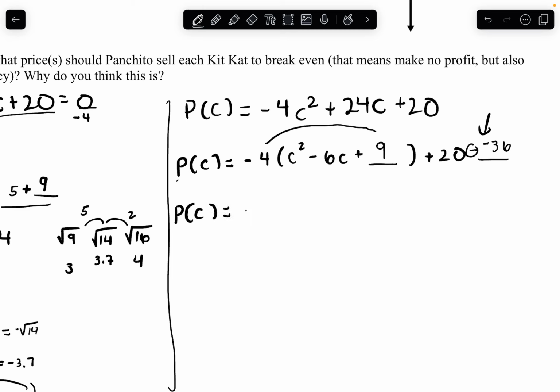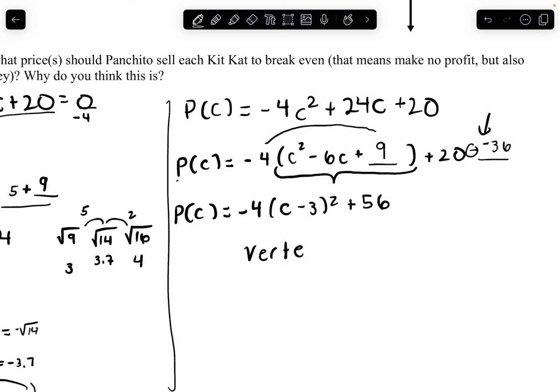P of C is equal to -4. Again, this is a perfect square trinomial. Remember we talked about it on the first problem? Perfect square trinomials are needed in order to rewrite a function in vertex form. The factored form of this perfect square trinomial is C minus 3 squared. 20 minus -36 is positive 56.